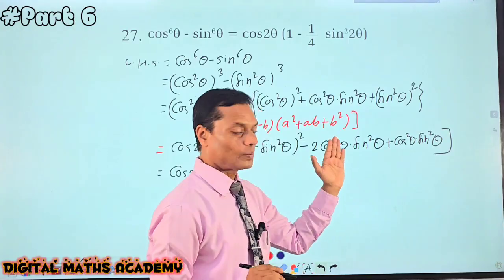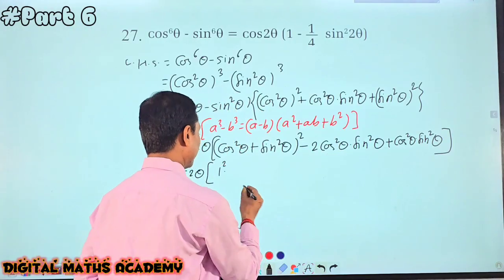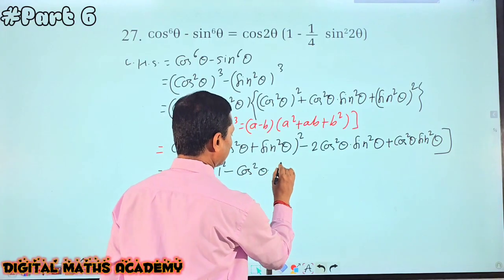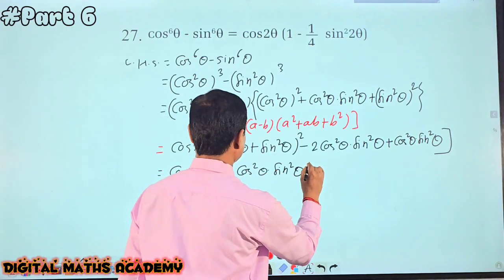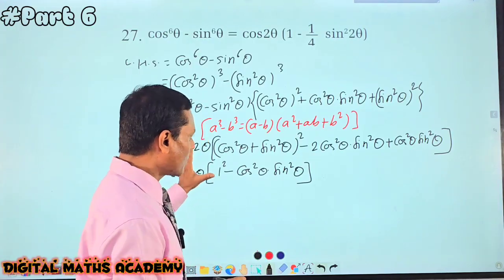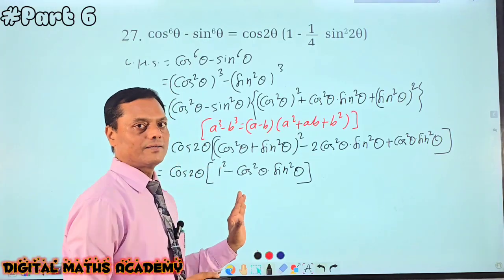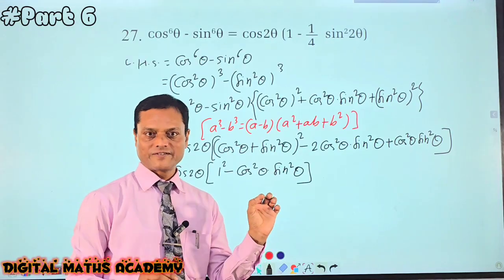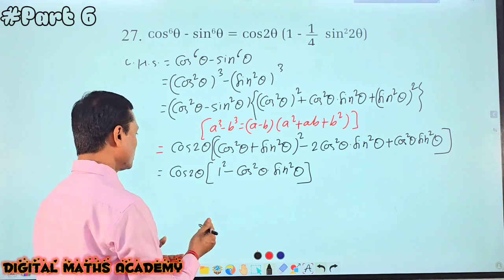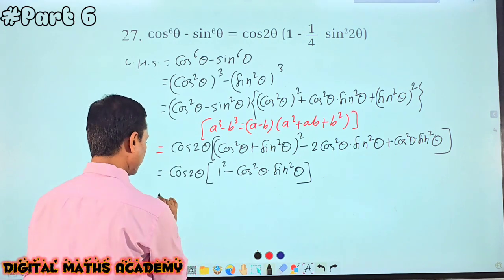That means minus 2 plus 1, which is minus 1. So we can write here minus cos square theta dot sin square theta. That's clear? I think all of you know the formula of a square plus b square. I have applied this formula many times in the previous videos, so it's very easy for you to understand.